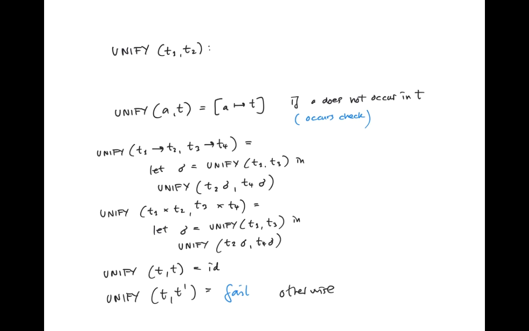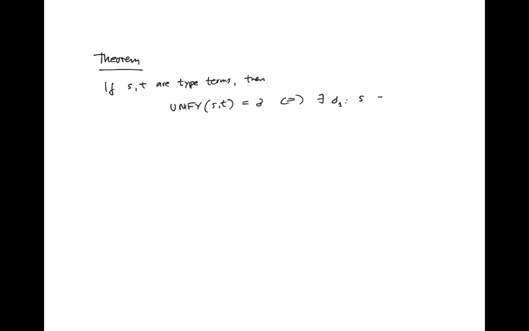And we have a very nice result about the unify algorithm. The result that we have for unification is a theorem that says that if S and T are type terms, then it's a case that unify of S and T will give us a sigma if and only if there exists a substitution such that S and T can be unified.